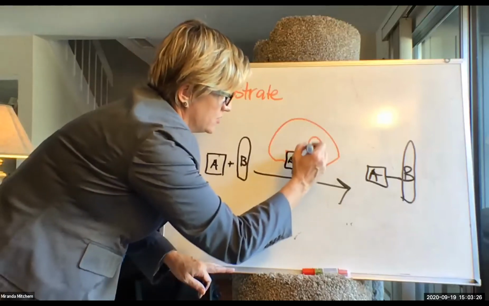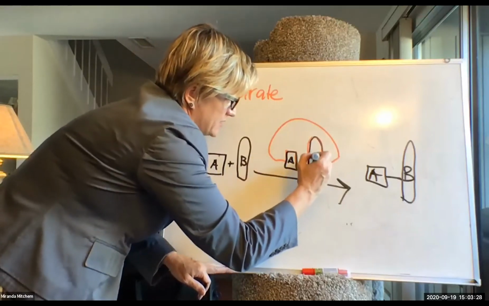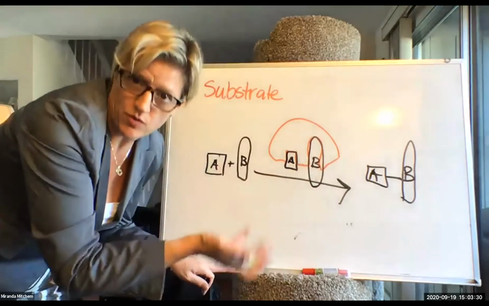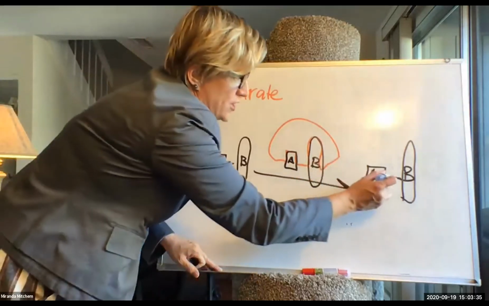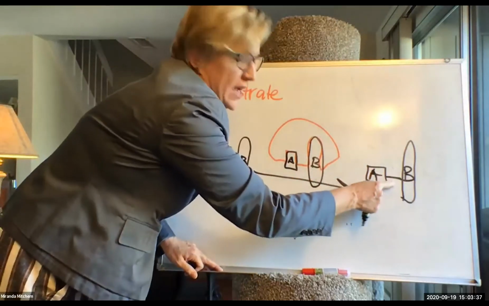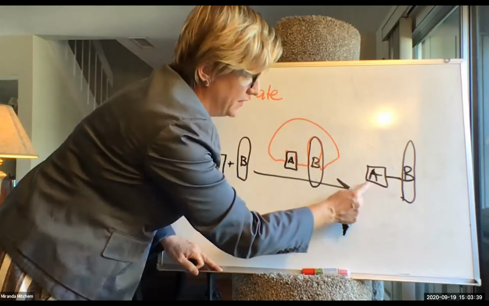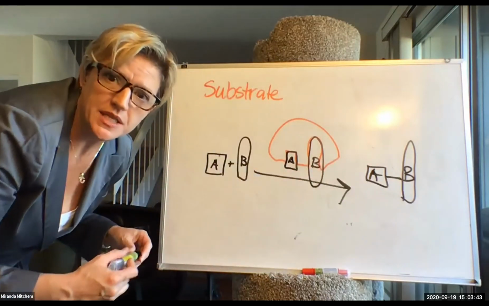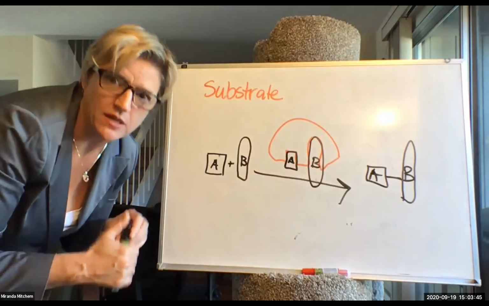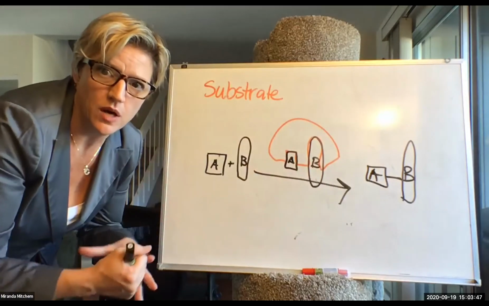So it goes into its pocket, and then with the right chemistry, meaning all the other chemicals are correct, we generate the product, which now has a chemical bond that links A and B together. Okay, so that's an example of the substrate level enzyme.